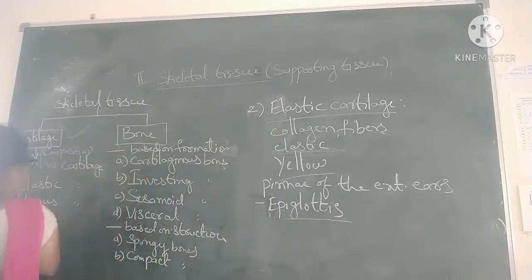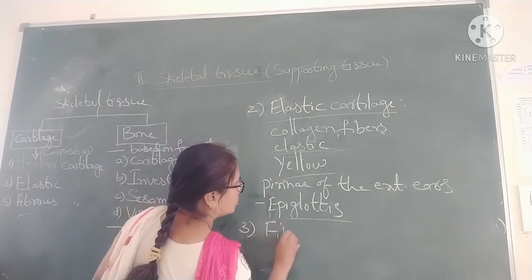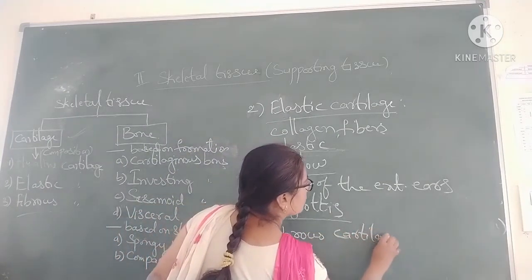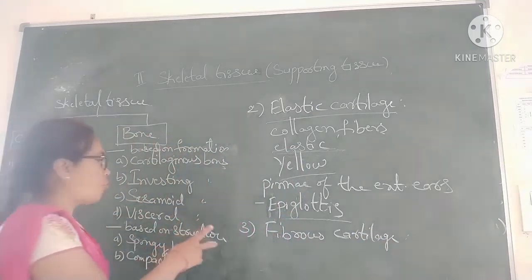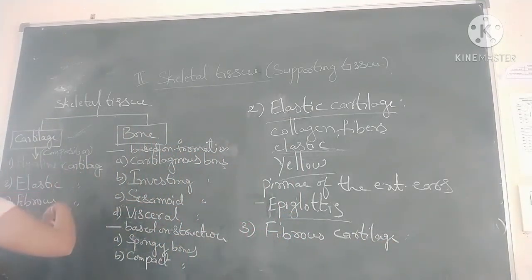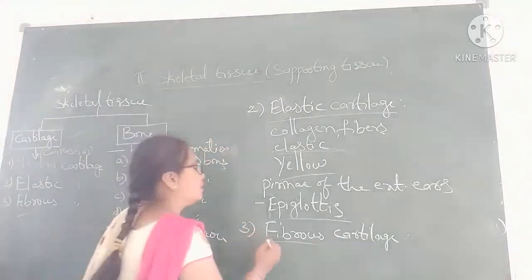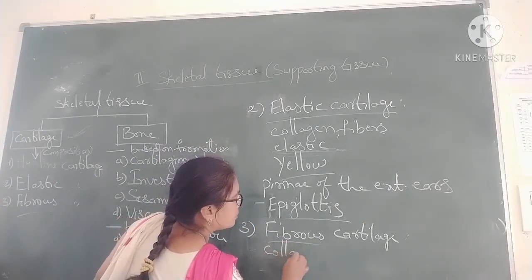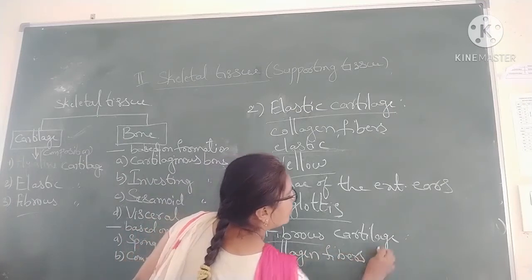What is the third one? Fibrous cartilage. This fibrous cartilage is stronger than the other two. It is the strongest cartilage. It contains collagen fibers as bundles.